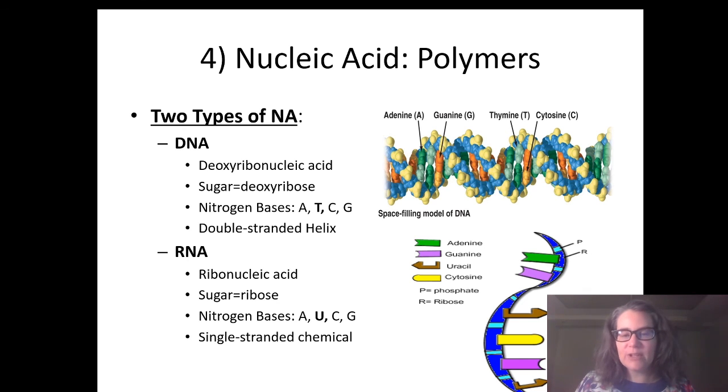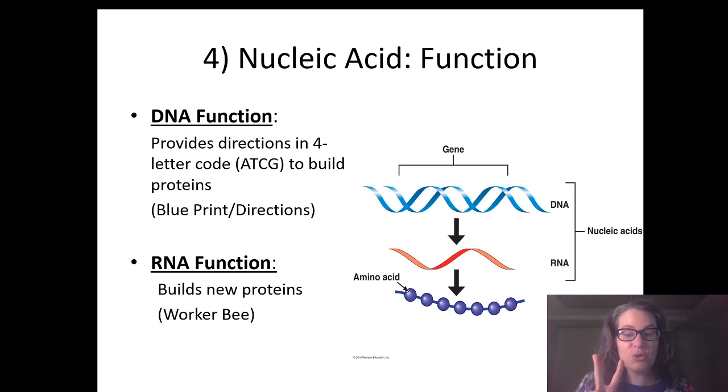When we look at the functions for these two kinds of nucleic acids, DNA primarily is like the blueprint, the directions. It houses your genetic code that's passed from parents to offspring, and it's the directions to build you with all of your protein traits. RNA, on the other hand, is almost like DNA's minion, right? It's a worker bee.